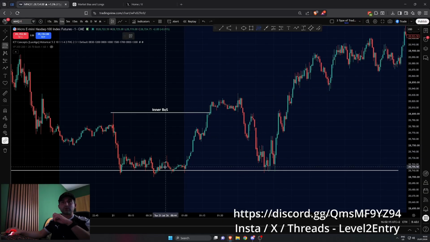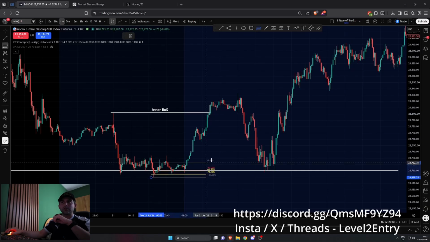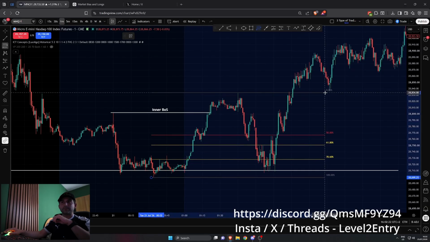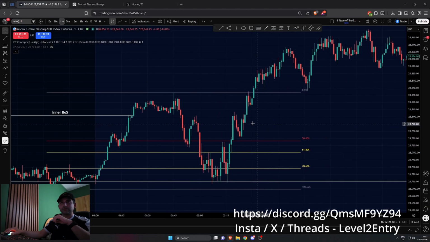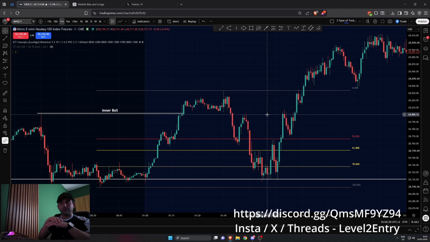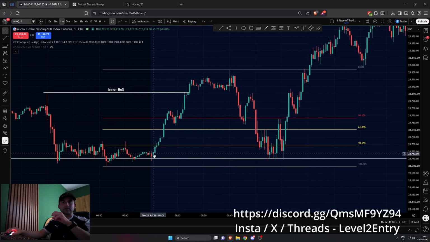From there, we plot a fib from the bottom of the bullish movement starting point up till the highest point, and we get the fib like this. Now, after plotting the fib, we mark areas below the 61.8 of the fib, bearish candles only, and the only candle that is bearish below the 61.8 is this one here.